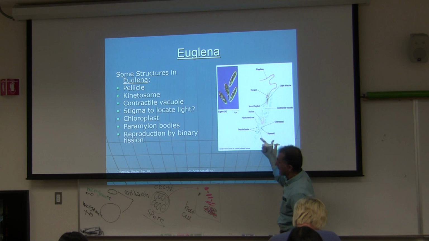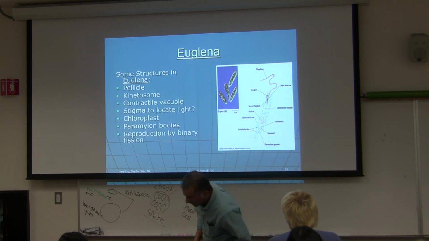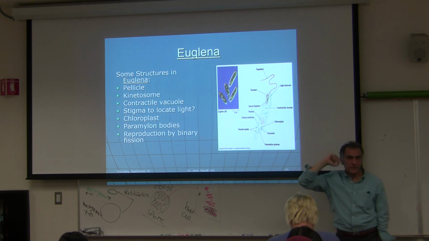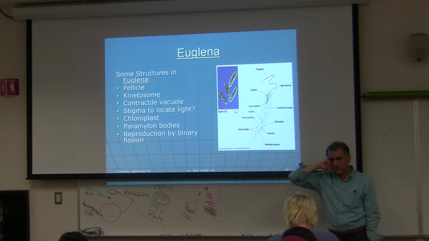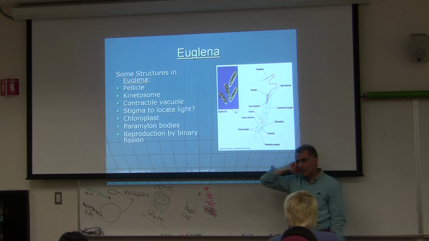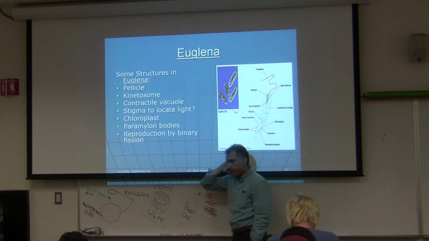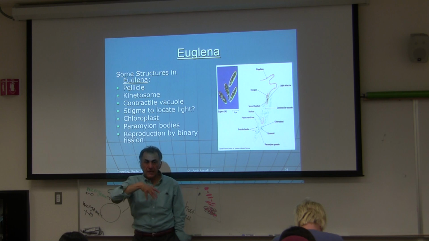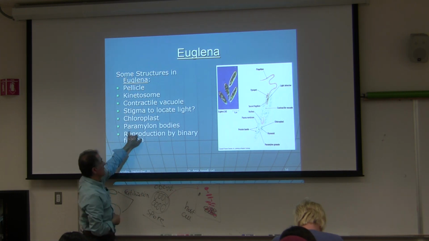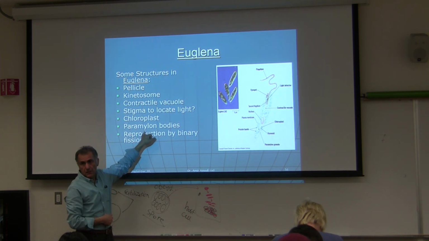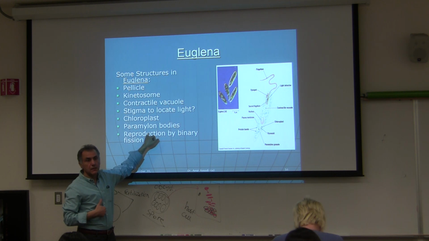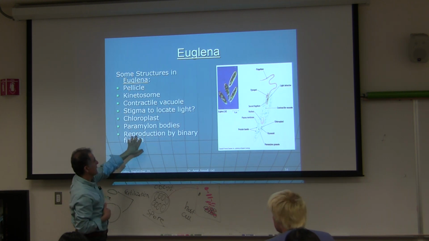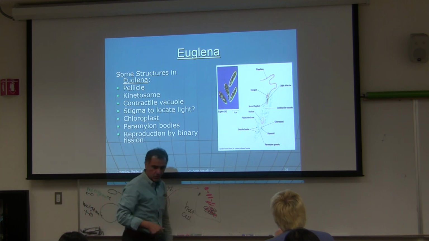And paramylon bodies, they are deposits of carbohydrates. So they make glucose through photosynthesis, you remember that, and they store it inside the cell as paramylon bodies. We store it as glycogen. And then reproduction by binary fission, which I talked about.